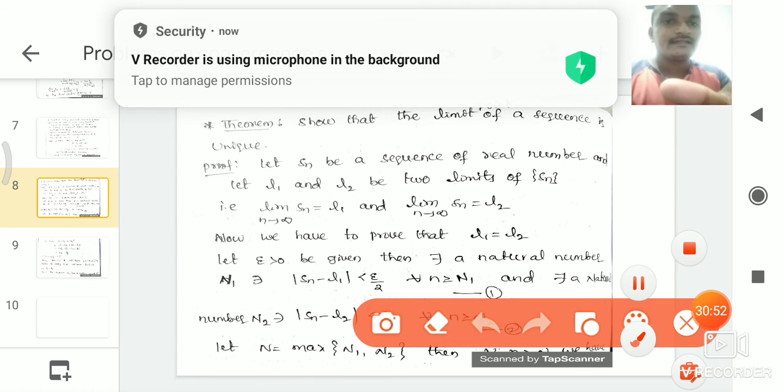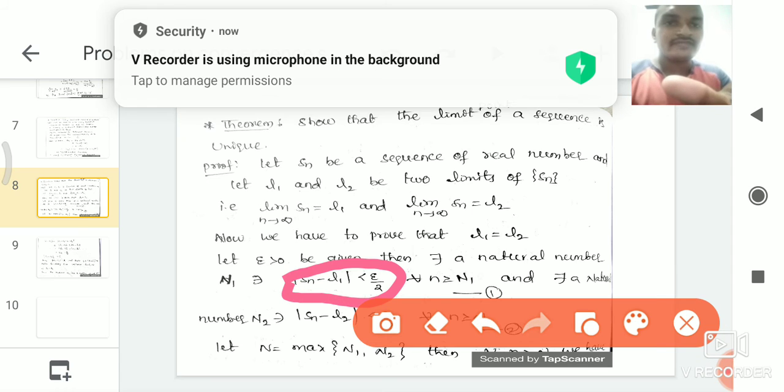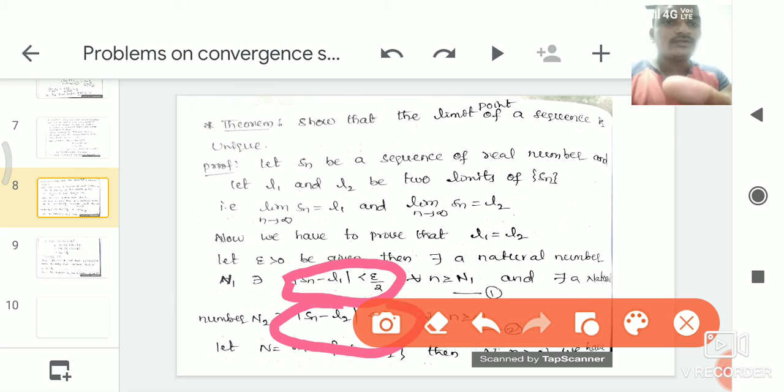Mod Sn minus L1 is less than epsilon by 2. The same way, mod Sn minus L2 is also less than epsilon by 2. So whenever L is a limit point of the sequence Sn, we can write mod Sn minus L is less than epsilon. Here we consider L1 and L2 as two limit points of the sequence Sn.